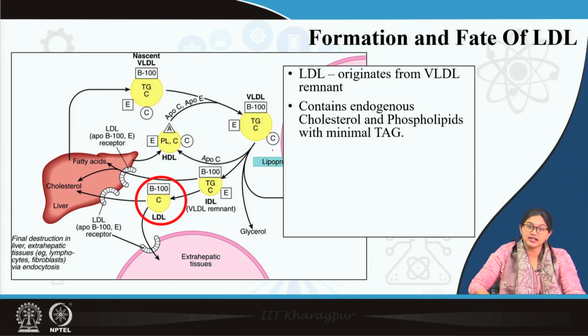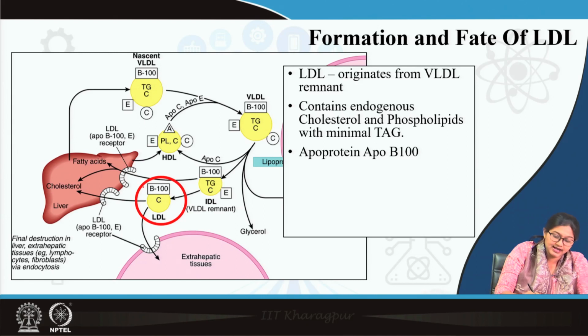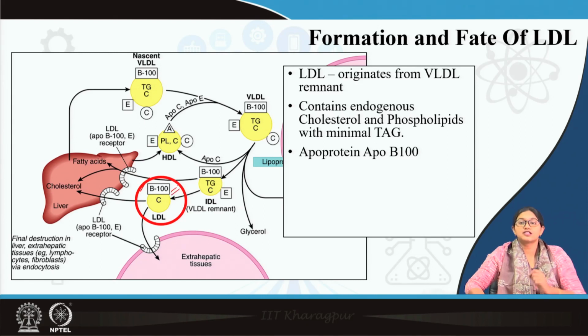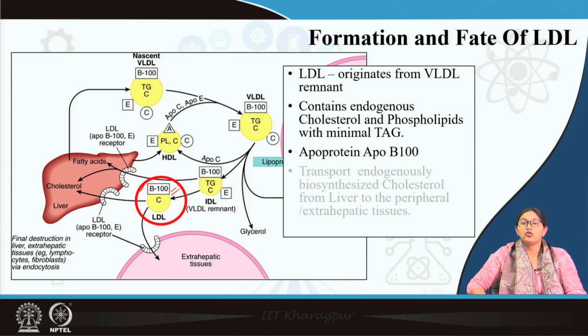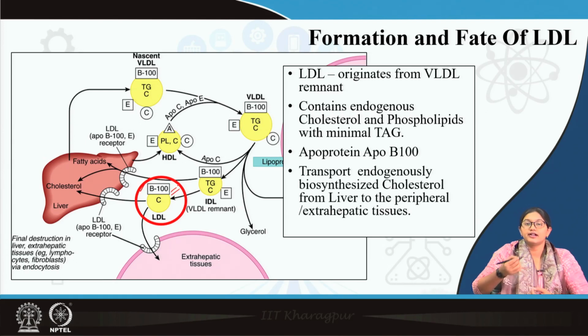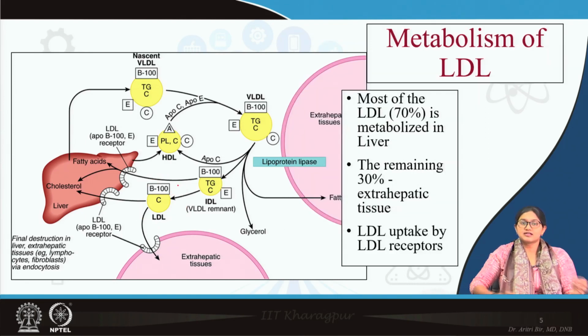And there is one very important apoprotein, that is ApoB100. This ApoB100 is very specific for low density lipoprotein. Low density lipoprotein transports those endogenously synthesized cholesterol from liver to peripheral or extrahepatic tissues.